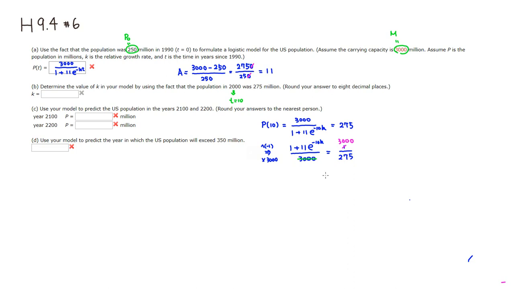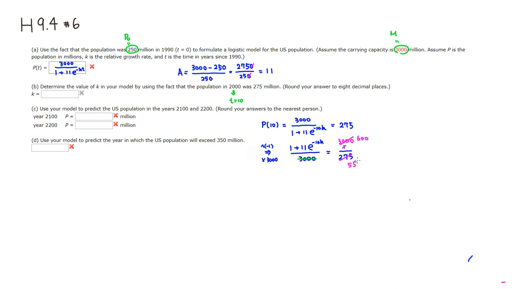So let's simplify a bit. They are both multiples of 5. If you divide by 5, you get 55 and 600.